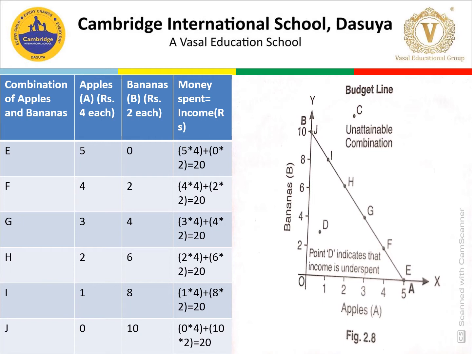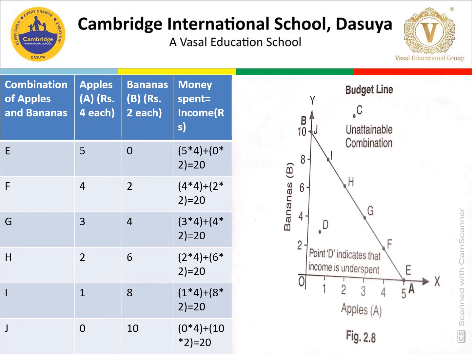In the end, in the J combination, you can see we are not buying a single unit of apple but we are buying all the units of bananas. So the cost will again be 20 rupees. You can see all of this in figure 2.8 given in your book.